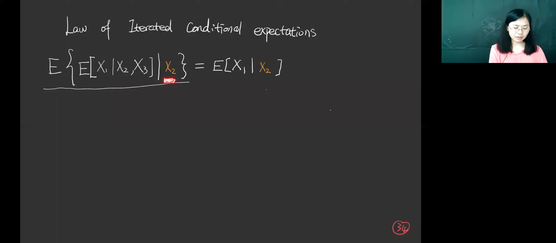Well, the inner conditional expectation is taken given the information on two random variables. So this is finer information for the inner conditional expectation and cruder information for the outer conditional expectation. And this is crucial for understanding the law of iterated conditional expectation, finer information.